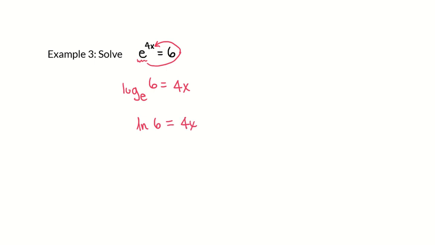And then to solve for x, we would divide by 4 on both sides, to get x equals ln of 6 divided by 4, which is approximately 0.448.